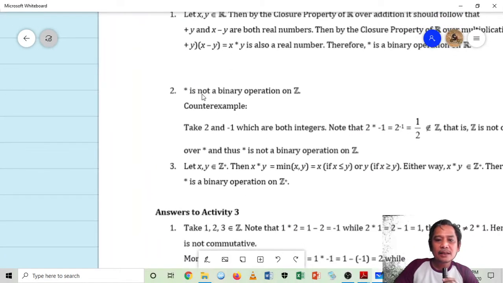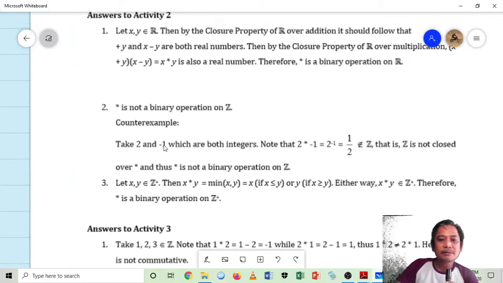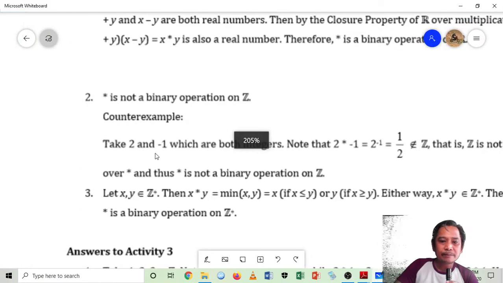So we say that the operation is not a binary operation. Why? We show a counter example wherein one of the properties is not satisfied. Let's say for example, 2 and negative 1. Both 2 and negative 1 are in Z because both are integers. But if we apply the operation, 2 operation negative 1 will be 2 to the negative 1. In other words, that will just be the reciprocal of 2, which is 1/2.